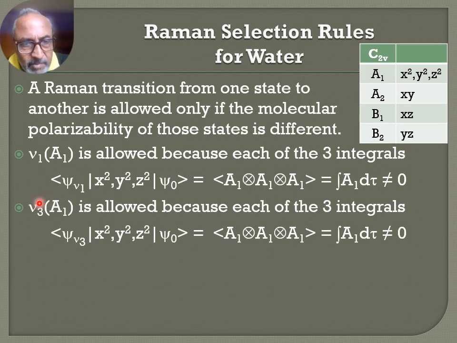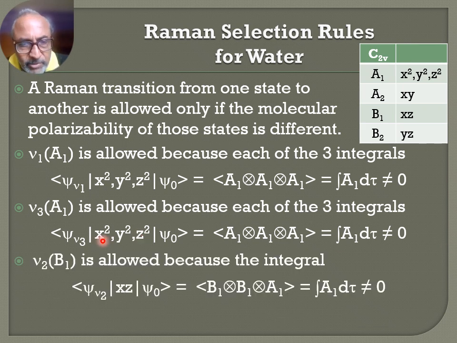Likewise, ν3, the bend belonging to A1, is allowed again because each of the three integrals bra ψν3 x² or y² or z² ψ0 ket belongs to A1 times A1 times A1 dτ, which is the integral of A1 dτ, which is not equal to 0.